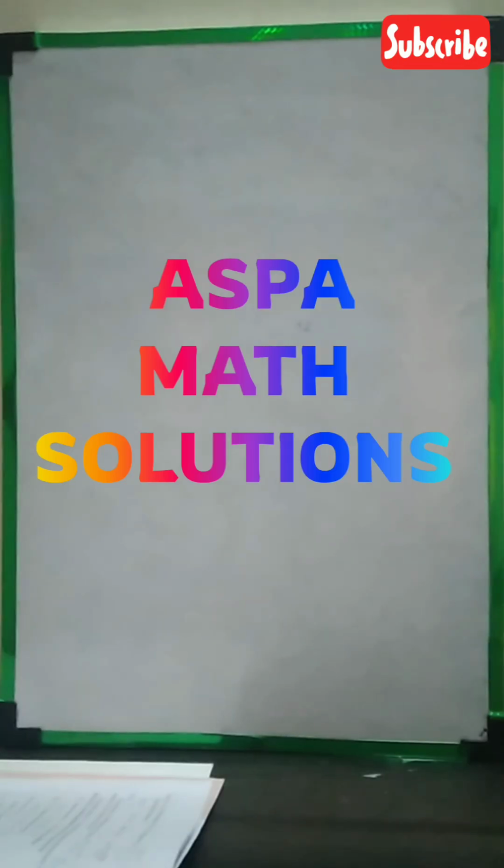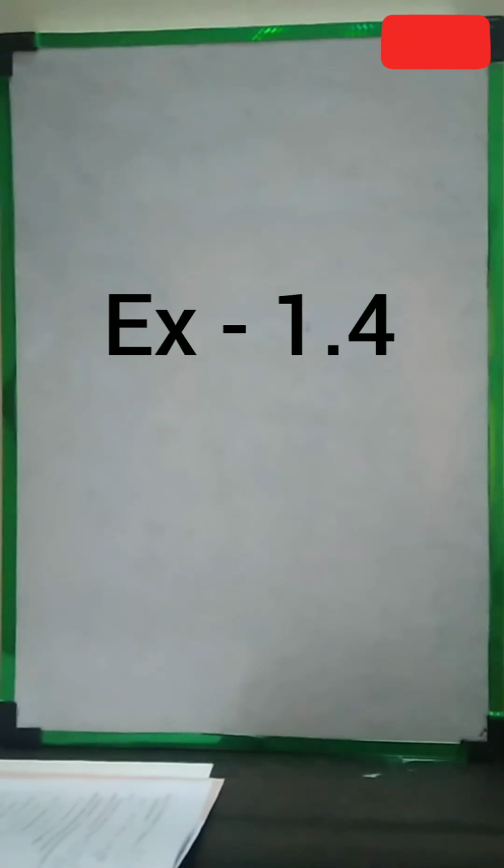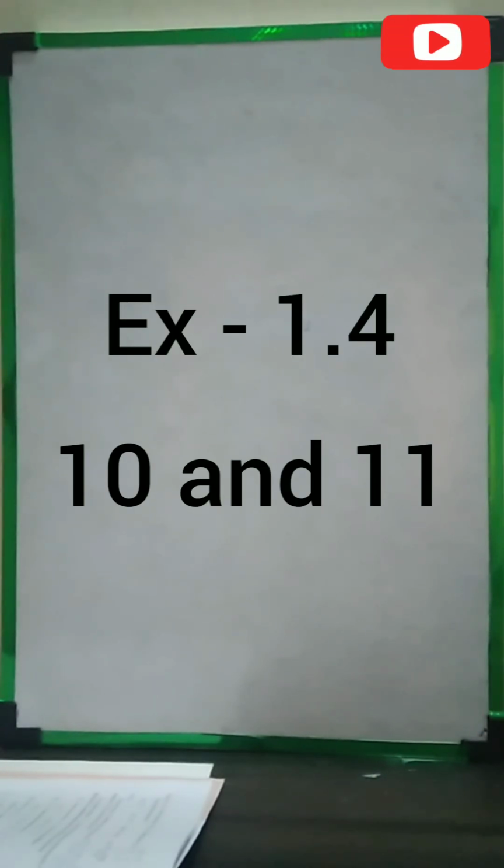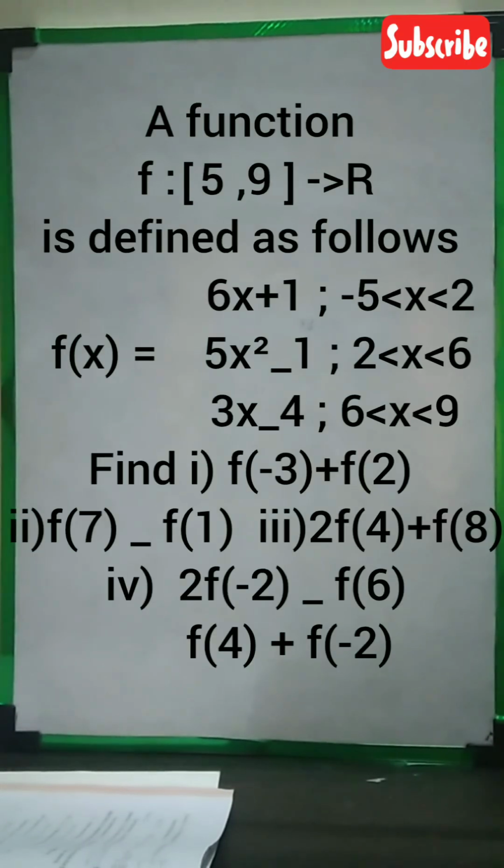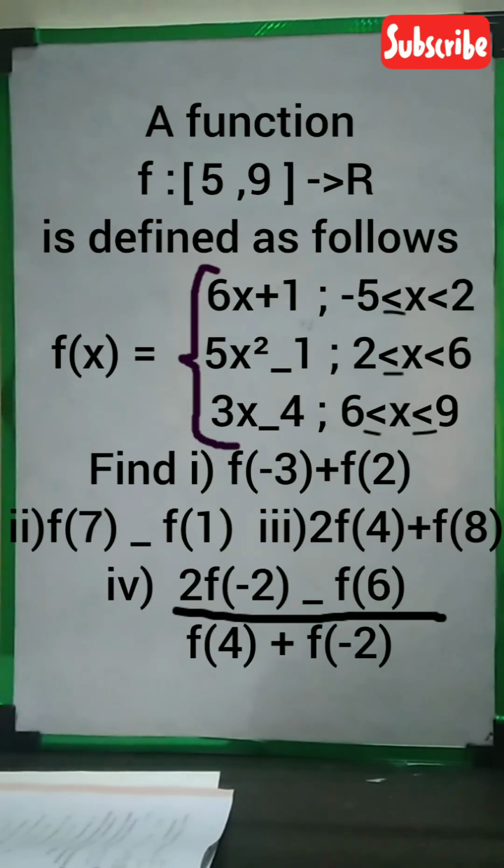இந்த வீடியோல நம்ம exercise 1.4 question number 10 and 11 பார்க்கலாம். So what is the 10th question? A function f from real numbers minus 5 to 9 to real numbers is defined as follows. F of x is equal to 6x plus 1 when minus 5 is less than or equal to x less than 2.